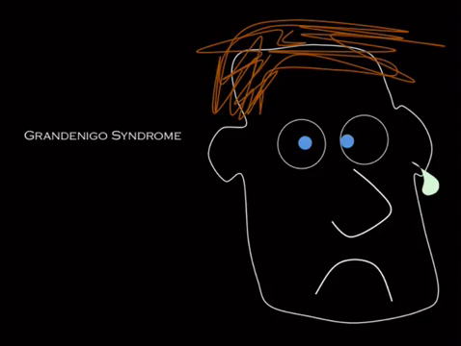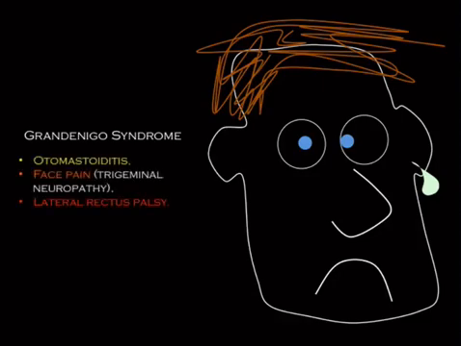So they probably could show you an actual picture of a person, or they could tell you that the person has a lateral rectus palsy. So you have a classic triad: otomastoiditis, face pain, usually trigeminal-like neuropathy, and lateral rectus palsy. So that's Gradenigo's syndrome. And that would be shown in the setting of a petrous apex infection case, just like the one I showed.